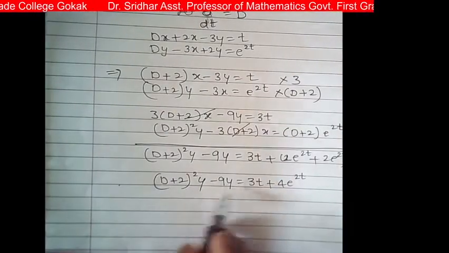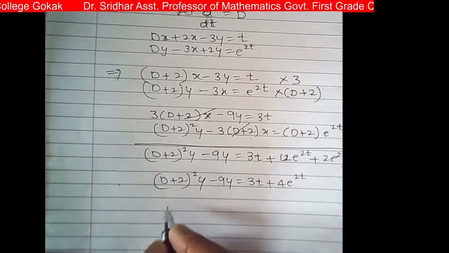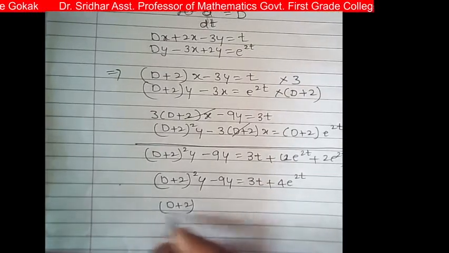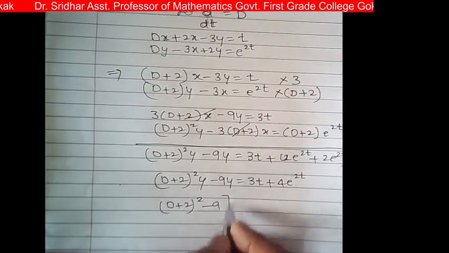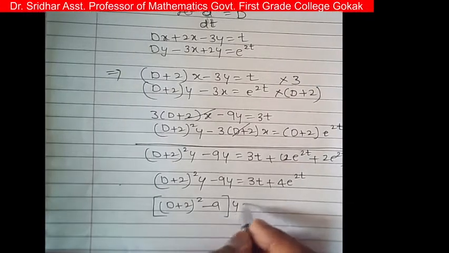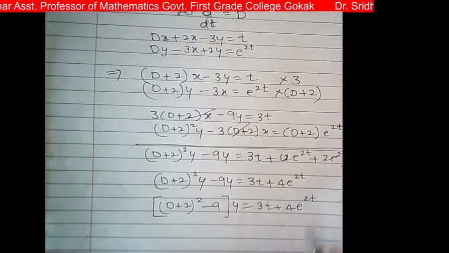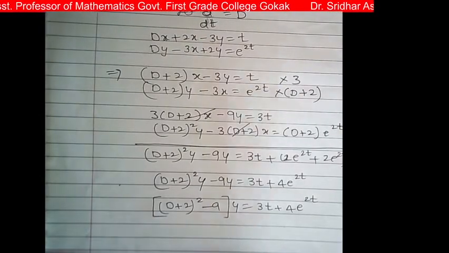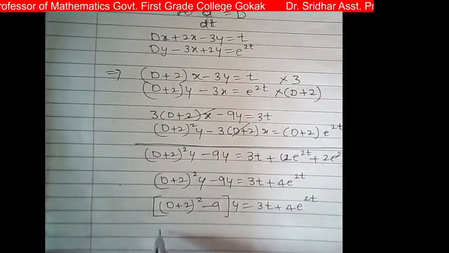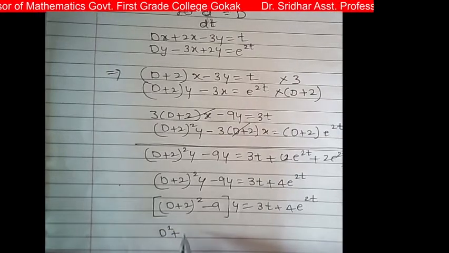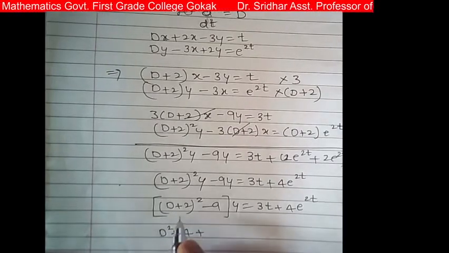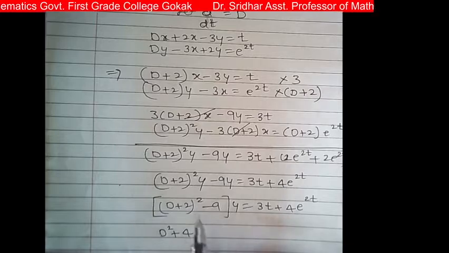Okay, again in this we take y common, so (D plus 2) whole square minus 9, y is equal to 3t plus 4 e raised to 2t. Now expand this: (a plus b) whole square is a square plus b square plus 2ab.